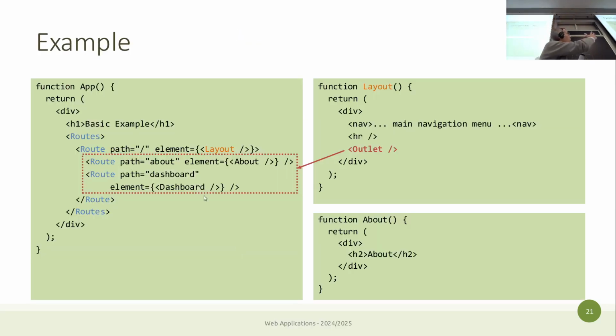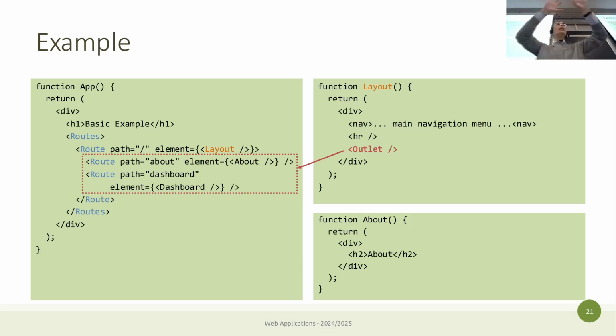So let's see the example. You have app. At this point, app just returns routes, okay? Route slash path element, that's a layout. That's a typical usage for these nested routes. Typically, the outside route is a layout route.